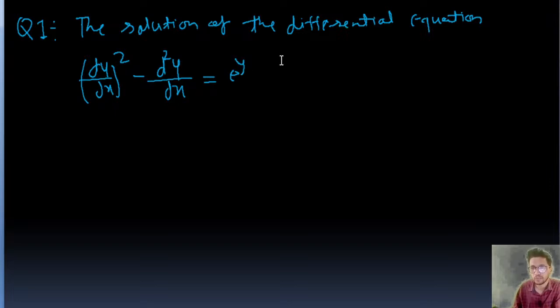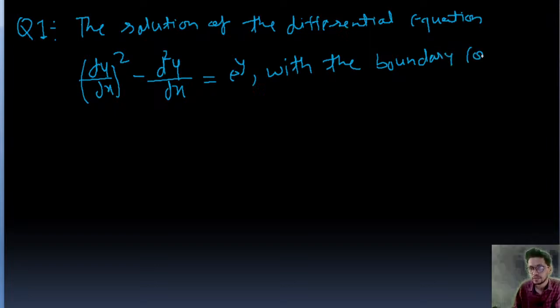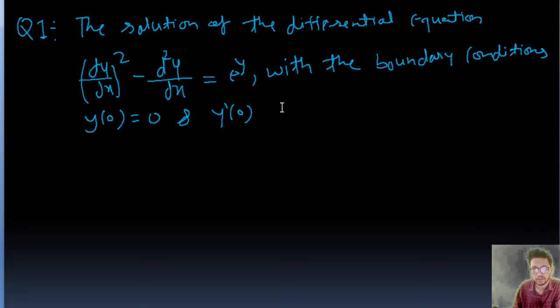This is a 5 marks question, guys, a part C question. This is the differential equation with the boundary conditions y(0), that is y at x equal to 0, equals 0, and y'(0), that is y' at x equal to 0, equals minus 1. So these are the boundary conditions given.